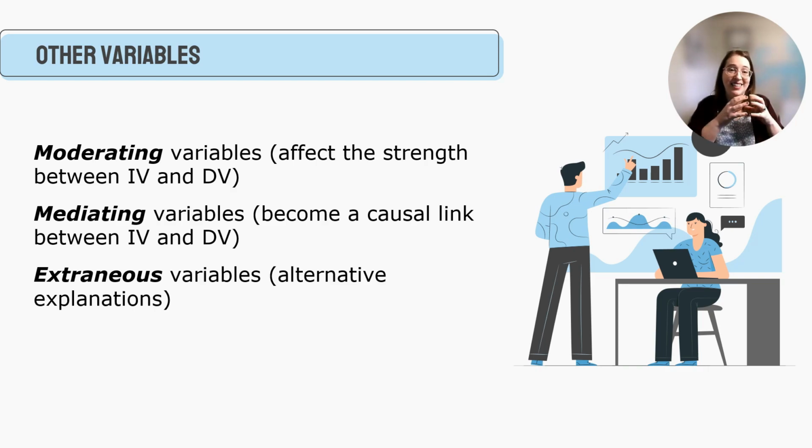Maybe it's that changes in A cause B and changes in B cause C. And so sometimes we want to jump to a conclusion and say, A causes C immediately, that's it. But we know that situations in research are complicated. And so sometimes you have a mediating variable that can become that link to show why the independent variable changed the dependent variable. They also talk about extraneous variables, which could be just an alternative explanation.